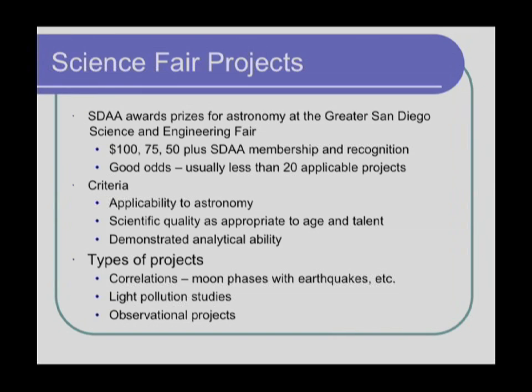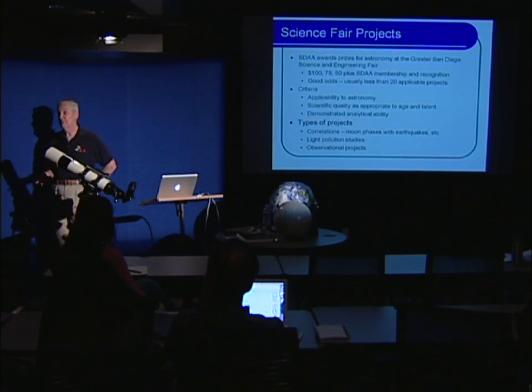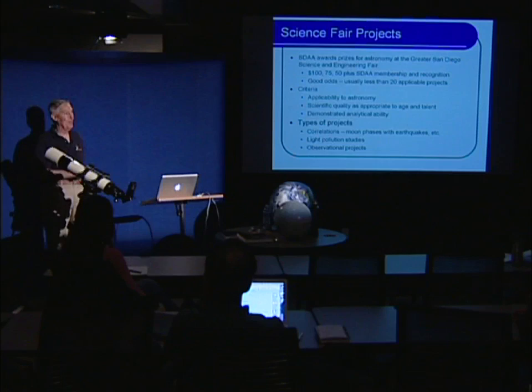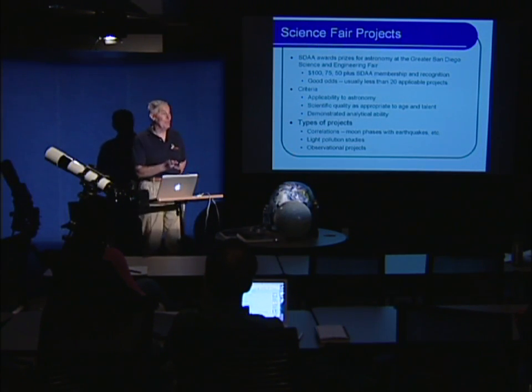We see a lot of correlations. One last year was, scientifically it's not so good, correlate the moon phases with earthquakes. Are there more earthquakes on a full moon night? There's a popular rumor to that effect, apparently. And of course, that couldn't be true.